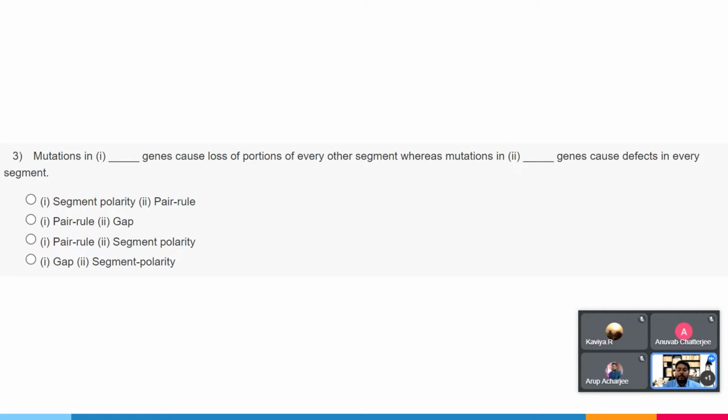This is the first question that we will tackle today, and the question asks us: mutations in blank genes cause loss of portions of every other segment, whereas mutations in another blank genes cause defects in every segment.